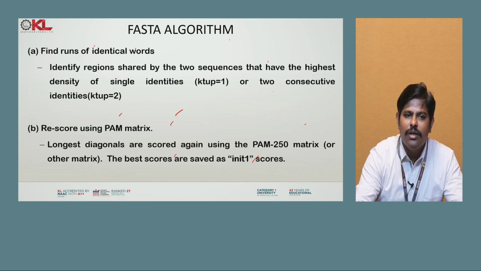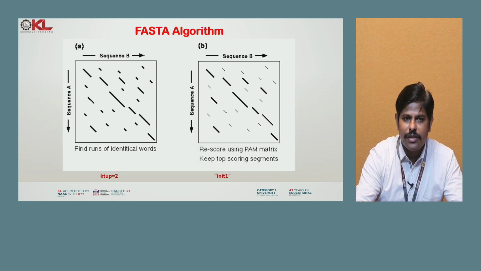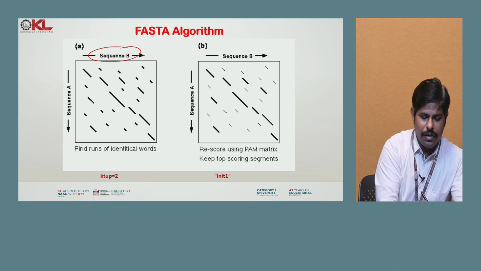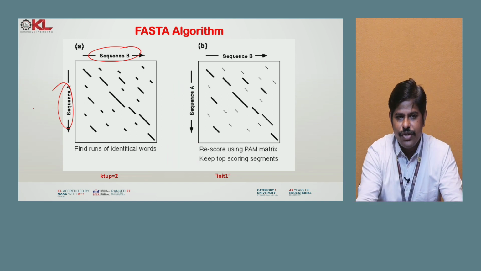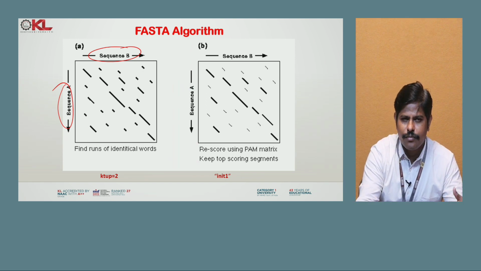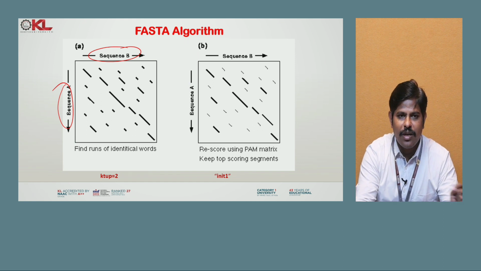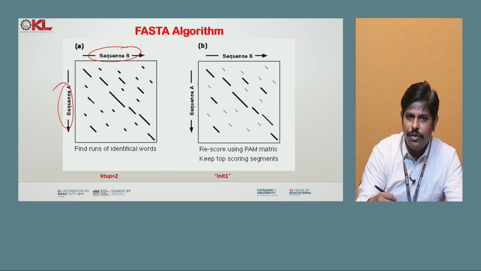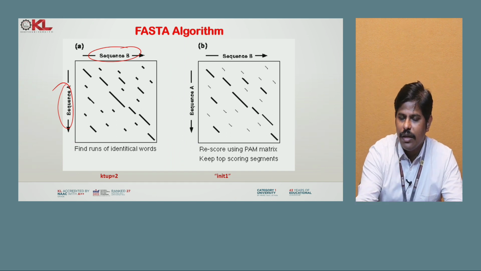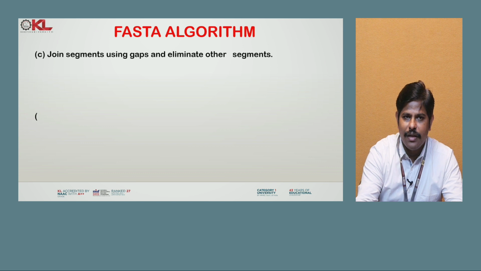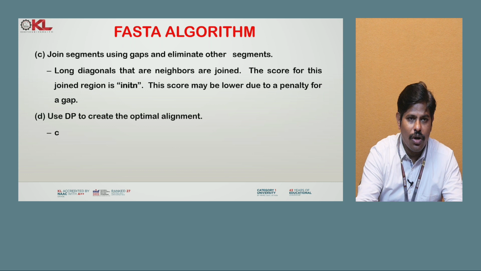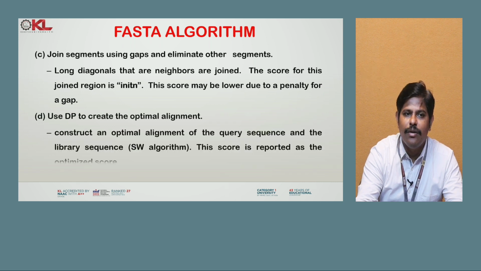So rescoring using the PAM matrix is the second step. Assume my sequences A and B form the two axes, just for visualization. First pick up identical words, then rescore them using the PAM scoring matrix.